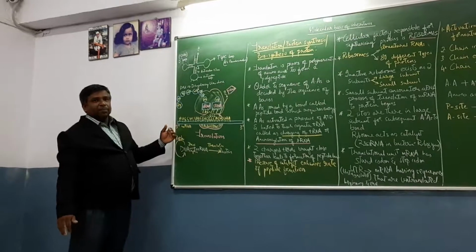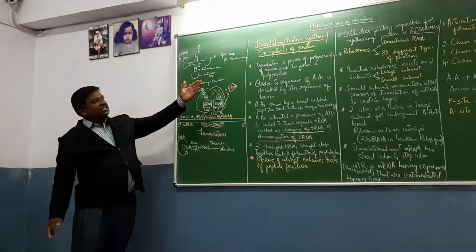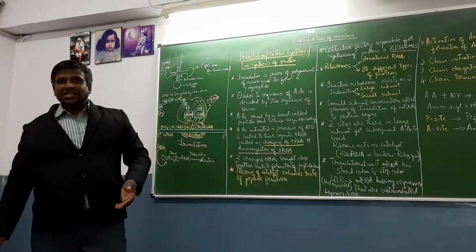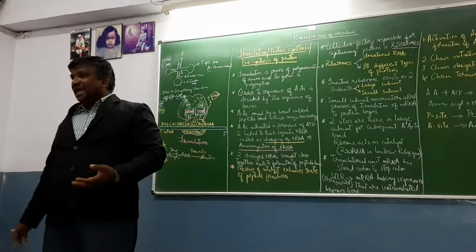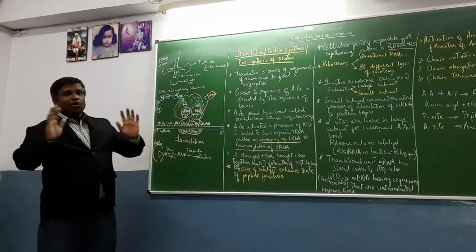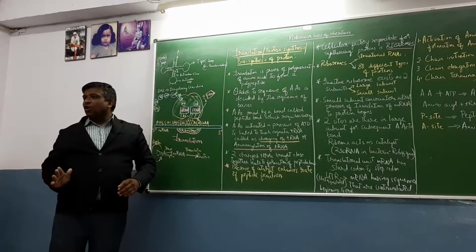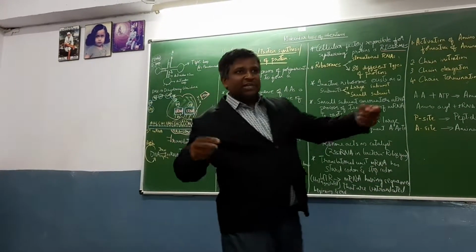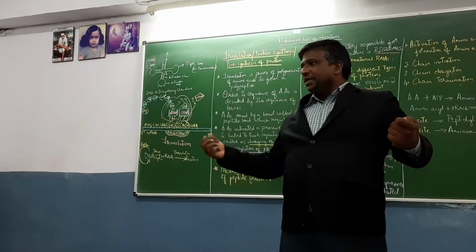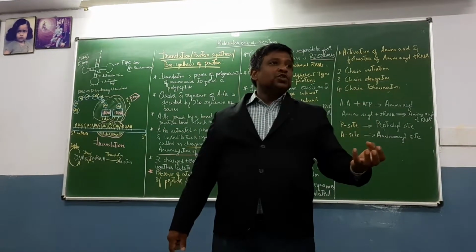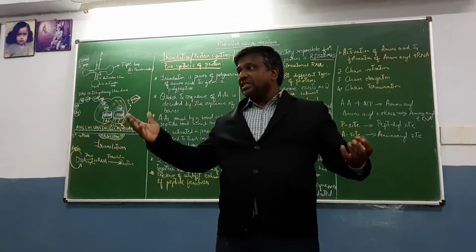Now, in the biological synthesis of protein, or translation, also called protein synthesis or the biological translation process, you should remember there are certain raw materials required. What are those raw materials? There should be mRNA with a coding sequence. They require ribosomes. Ribosomes are the protein factories of the cell.